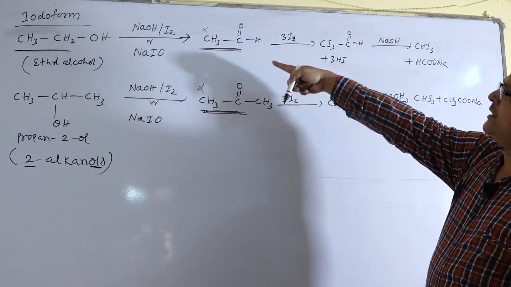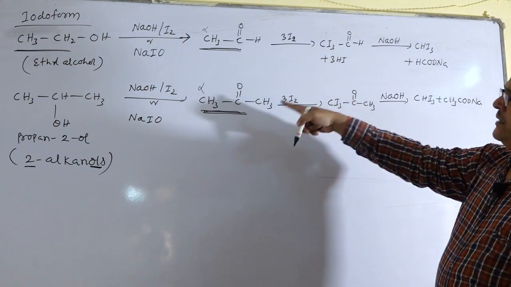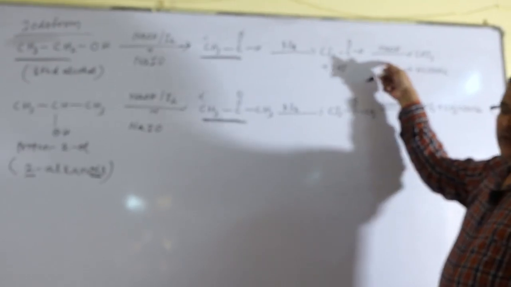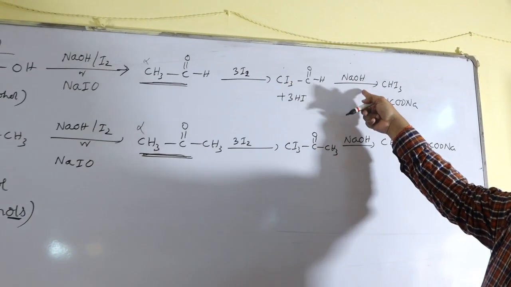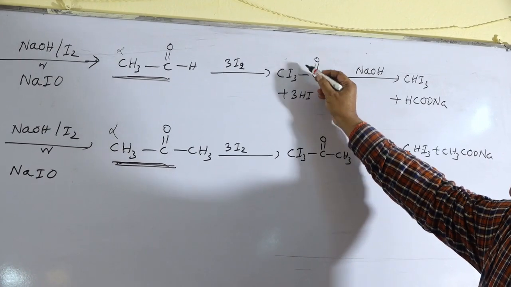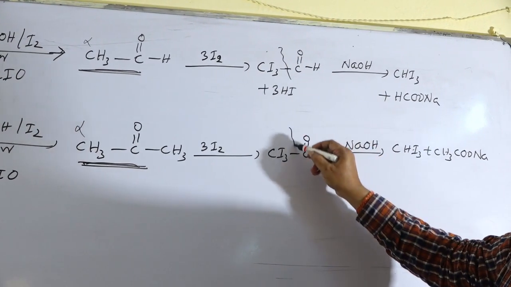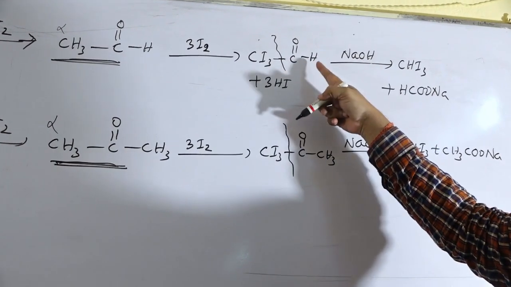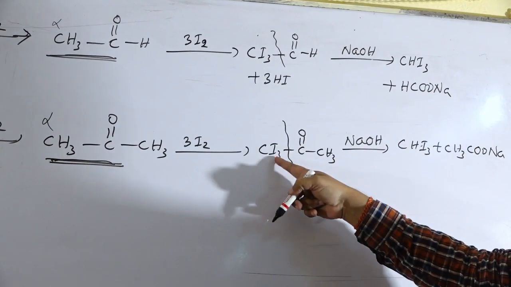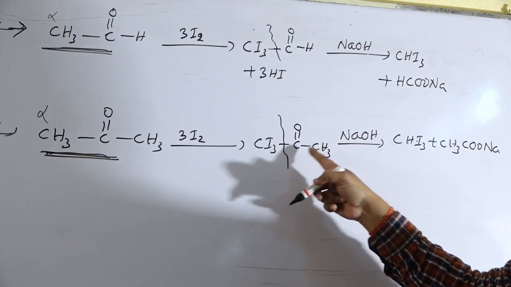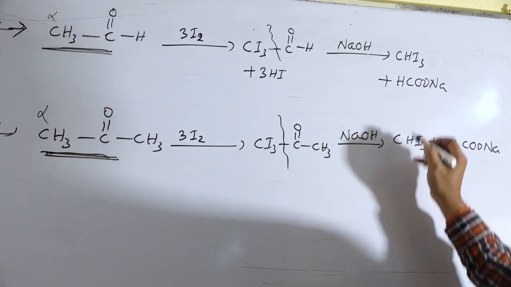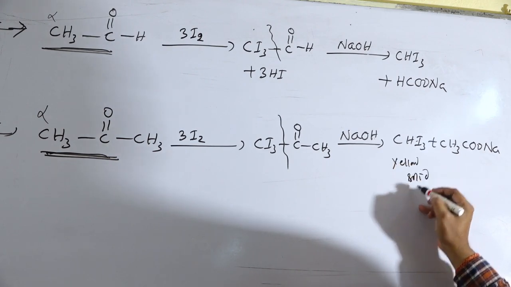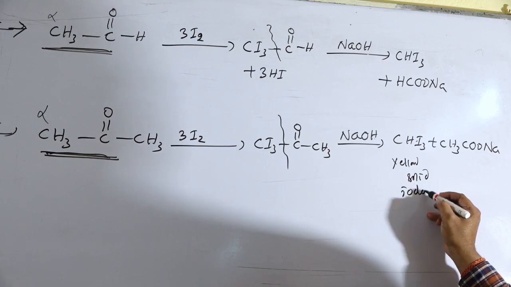CH3CHO or CH3COCH3 treated with NaOH: this bond will break, forming CHI3 plus HCOONa, or CHI3 plus CH3COONa. That yellow solid is known as iodoform.